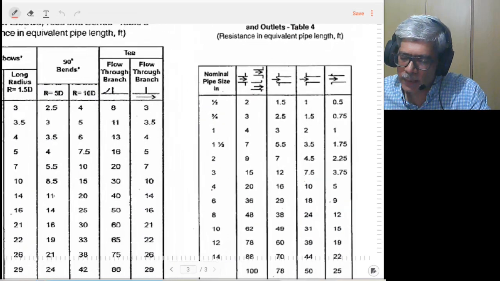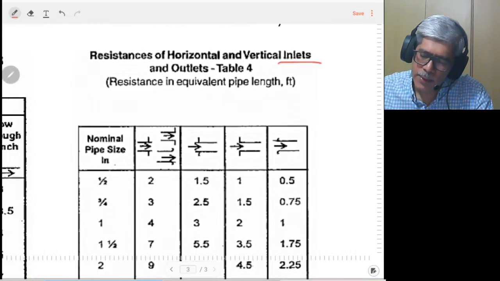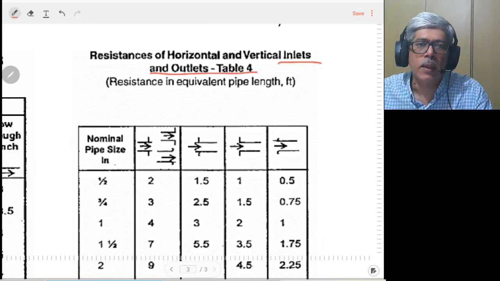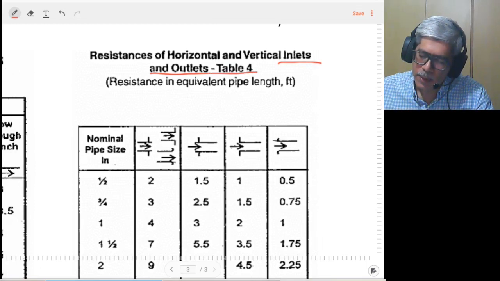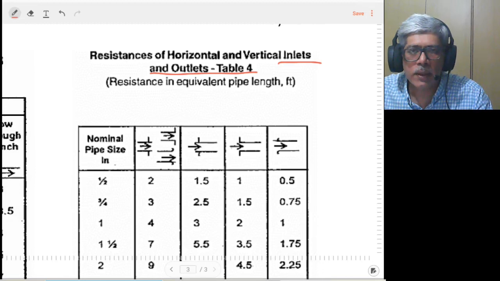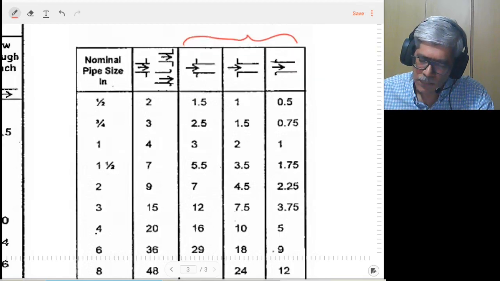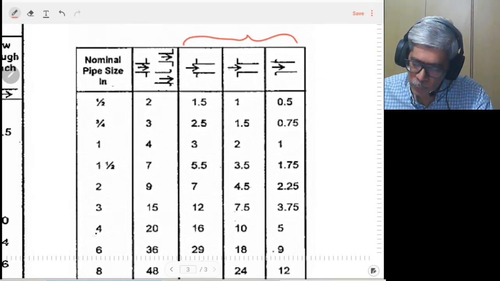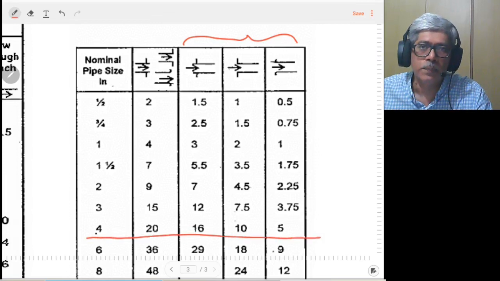So here we have the table which corresponds to inlets and outlets of the pipeline. Remember that our pipeline is of 4-inch size and ours is entry from the vessel into the pipeline. So it will fall in one of these categories. Our pipeline is 4 inches, so we have to consider this particular row.